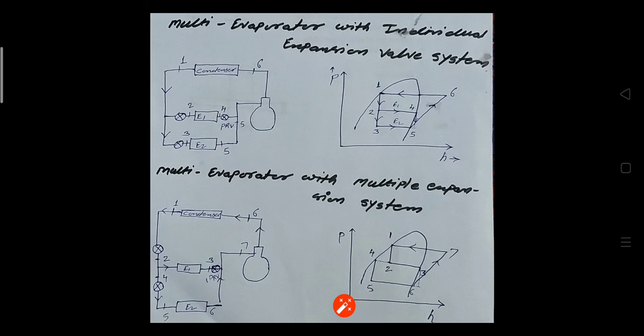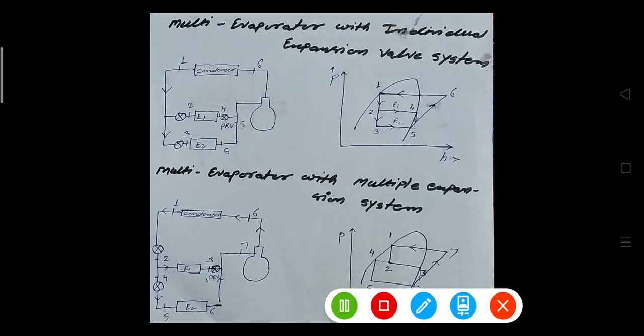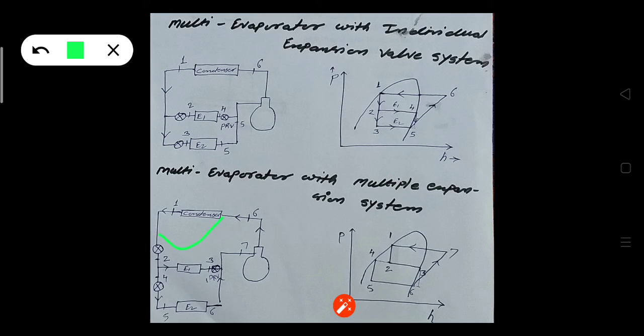Now, how does it work? The saturated liquid from the condenser outlet comes into the first expansion valve and is expanded. Some amount of that expanded refrigerant goes into evaporator 1, the higher temperature evaporator, and the remaining goes on, because at point 2 there is a mixture of liquid and vapor. Only the remaining saturated liquid comes to the second expansion valve.